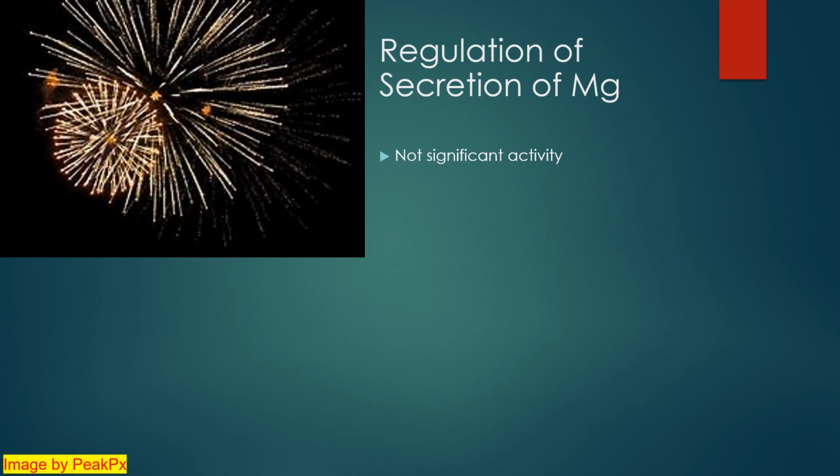What about secretion of magnesium? Well, like most minerals, we really don't have to worry about secretion. Why? Because if I don't do a thing, 4% of all the magnesium in my blood is going to appear in my urine every single minute, right?